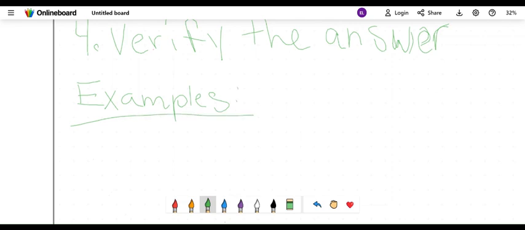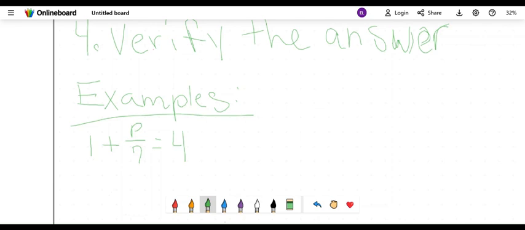Okay, so one of these, I'll give you 1 plus p divided by 7 equals 4. And we'll also have the distributive one, we'll have that too.